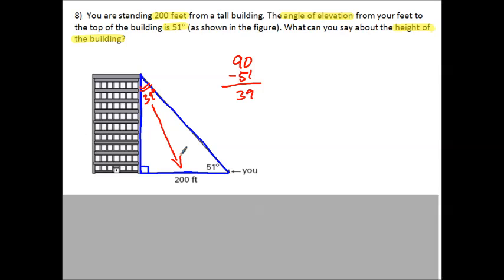So we can say now, looking at our angle 51, which is across from a side that has to be more than 200 feet. From that we can determine that the building must be more than 200 feet tall.